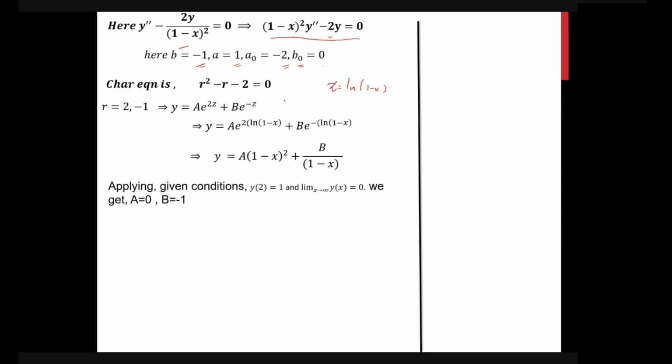Now we will put the conditions y(2) equal to 1, and the limit of y as x tends to infinity equal to 0. If I put these conditions, I will get a equal to 0 and b equal to minus 1. So then our solution is y equal to 1 by (x minus 1).